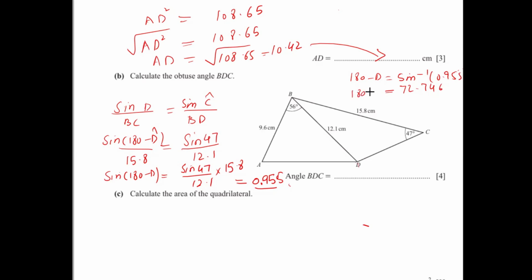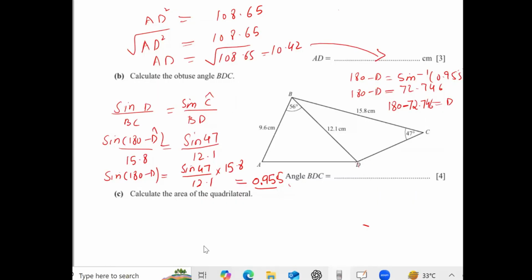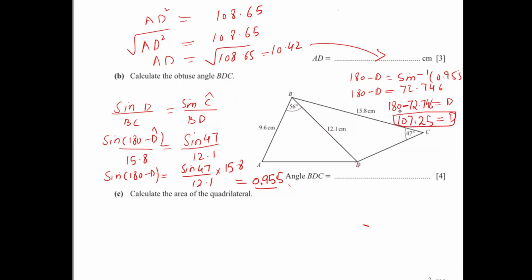We can write this angle D will be equal to 180 minus 72.746, and this value will be equal to 107.2525, and this is 107.2, the obtuse angle BDC, and this is the answer.